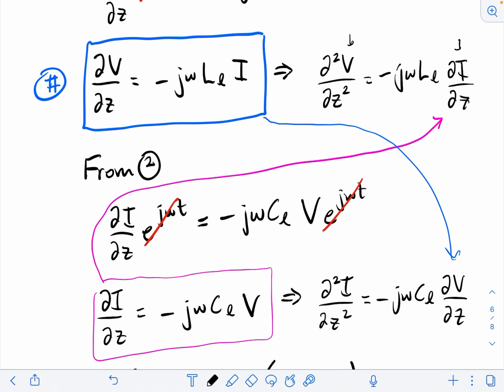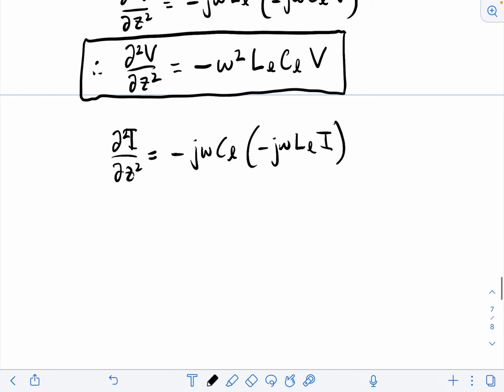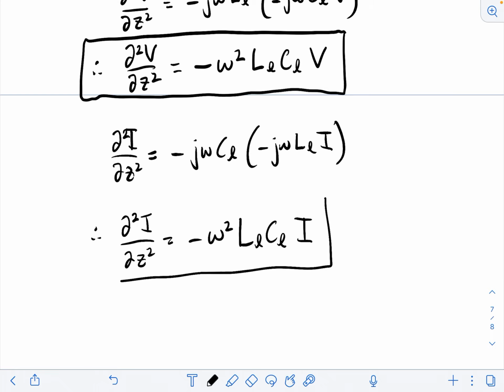It's minus j omega L times I. So it's minus j omega inductance per unit length times I. And so we do the same sort of simplifications, and we get d2i dz2 is equal to minus omega squared inductance per unit length, capacitance per unit length times the current. And so this has the exact same form as the voltage equation. It's just in terms of the current.